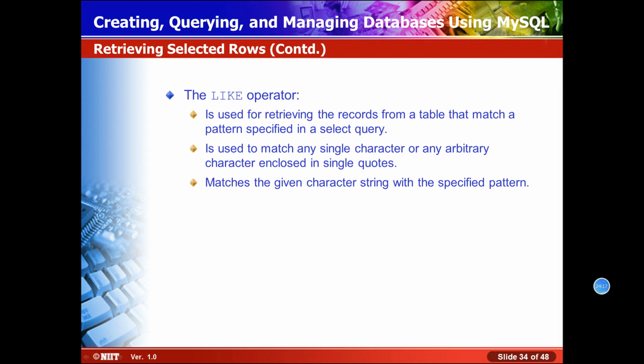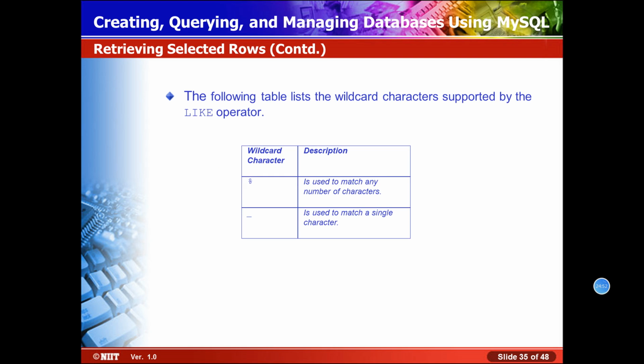Sometimes when you are retrieving a record for some customer name, and you don't remember the complete name of the customer, you just remember some beginning letters. In that case, you can use the like operator to search the customer and to display those customers in the result. Now let's take some examples.